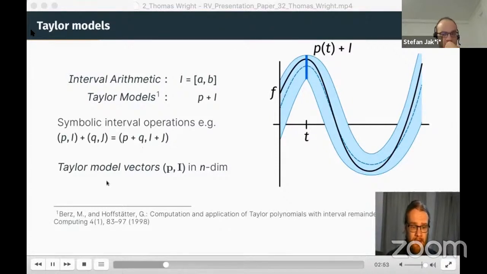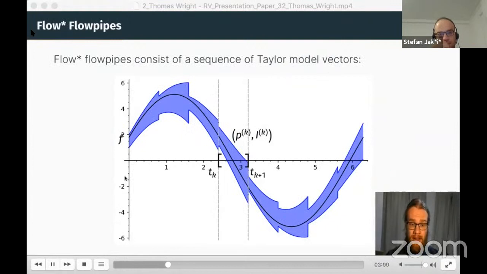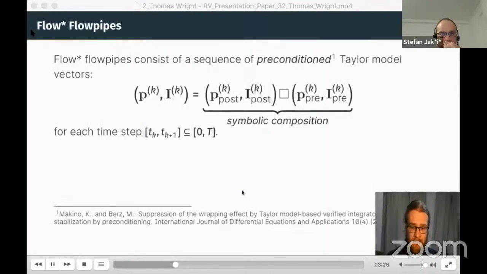Taylor models also extend naturally to n dimensions as Taylor model vectors. Whereas a classical numerical method would give us a function value at a number of time points, FlowStar performs verified integration to give us a Taylor model or flow pipe segment for each time step, which then gives a Taylor model enclosing the possible range of the function.